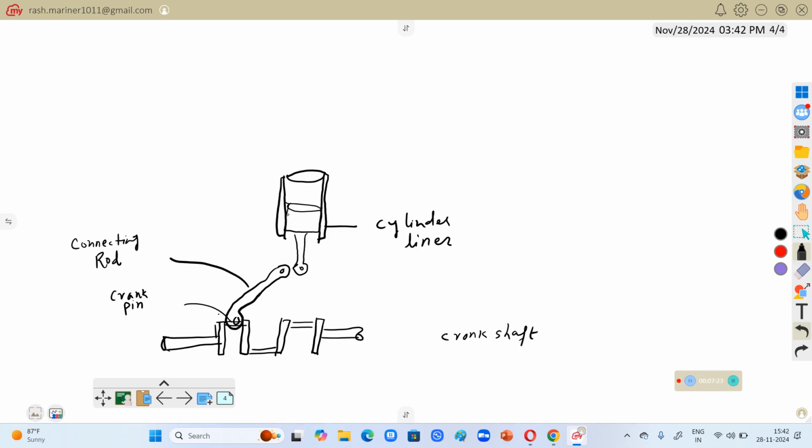This piston has 3 rings. Now on top of that, it has the cylinder head. This is the cylinder head.